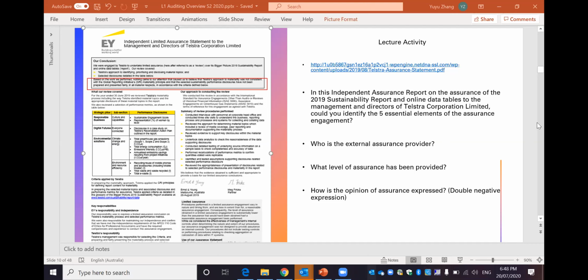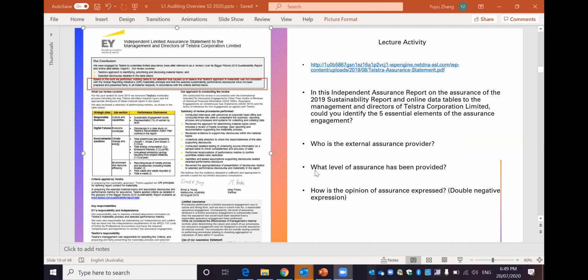In a number of places on this page, they show limited. For example, on the title and also here, and also in a lot of expressions showing it is a limited level of assurance. You can spot those places in class.